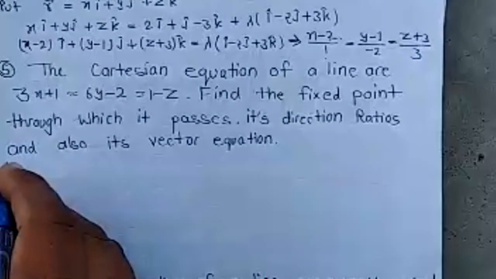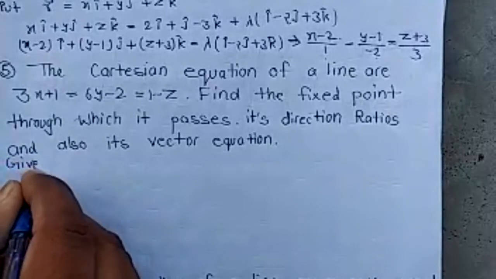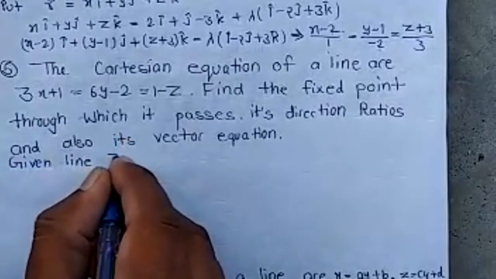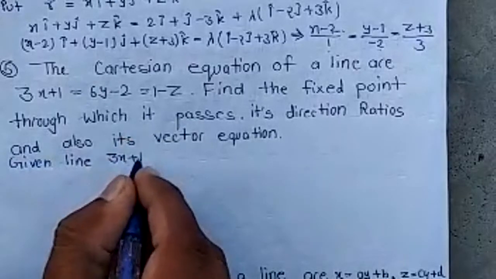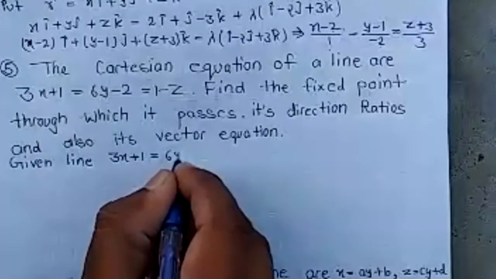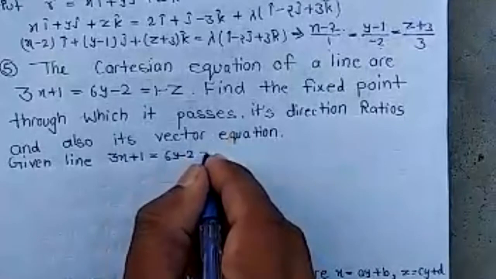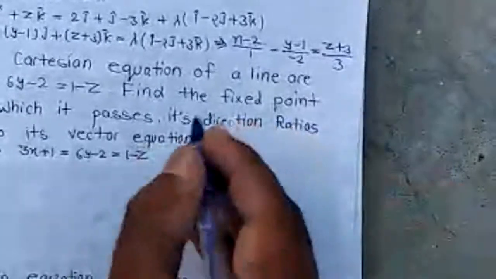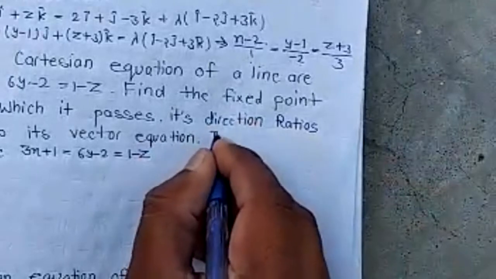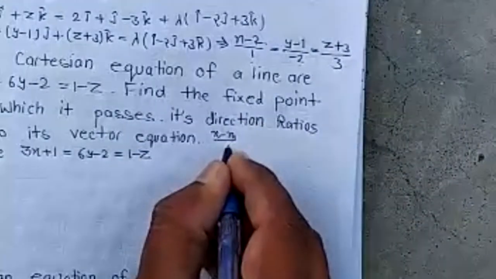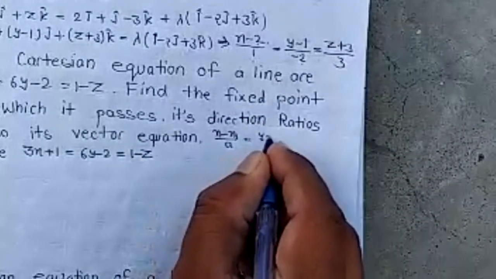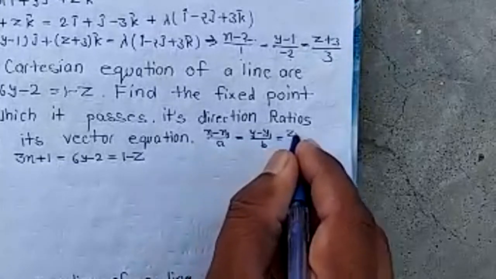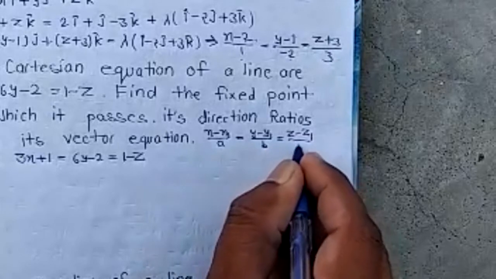Firstly we write the given line: 3x plus 1 equal to 6y minus 2 equal to 1 minus z. We write this equation in this form, means (x minus x1) upon a, (y minus y1) upon b, (z minus z1) upon c.